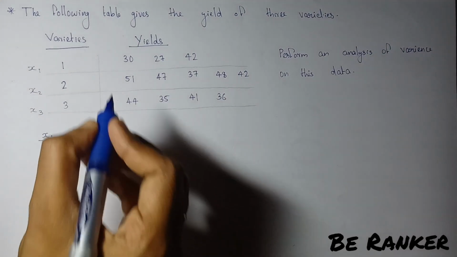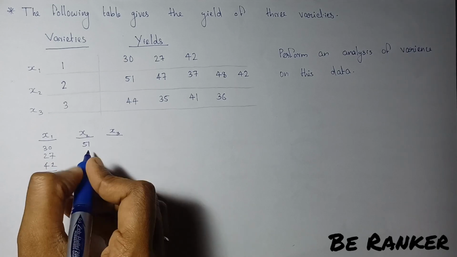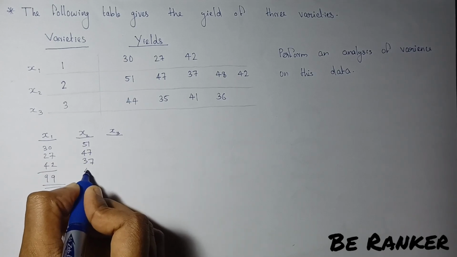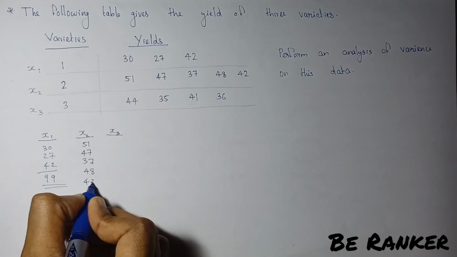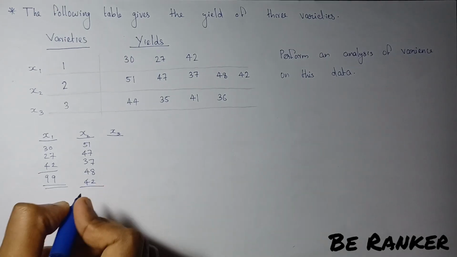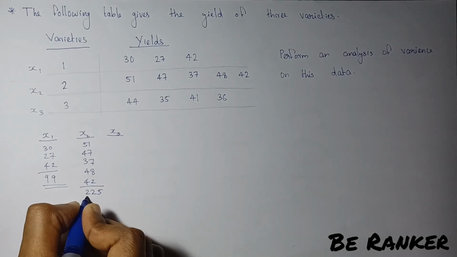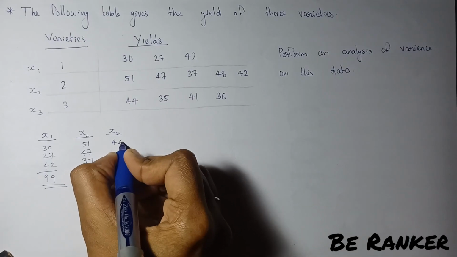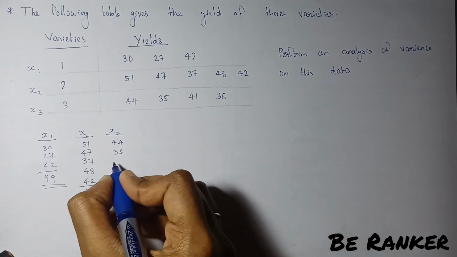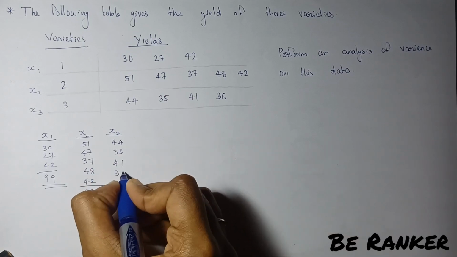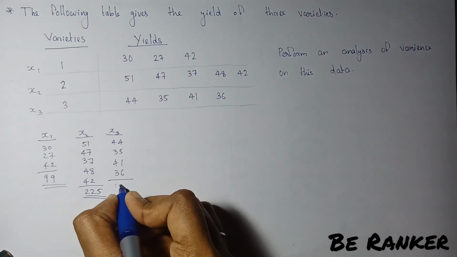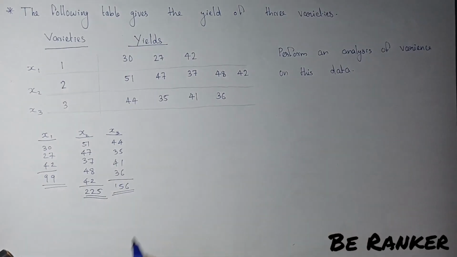Then next x2. x2 is 51, 47, 37, 48, and 42, and the sum here is 225. The third row is 44, 35, 41, and 36, and the sum is 156.